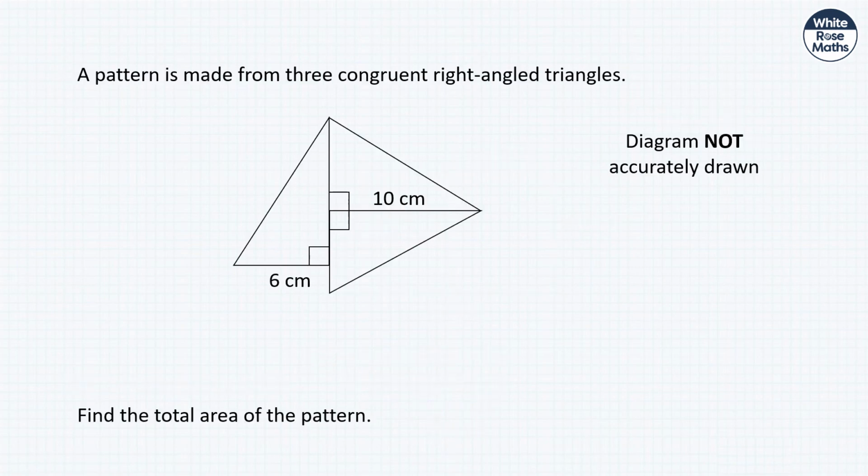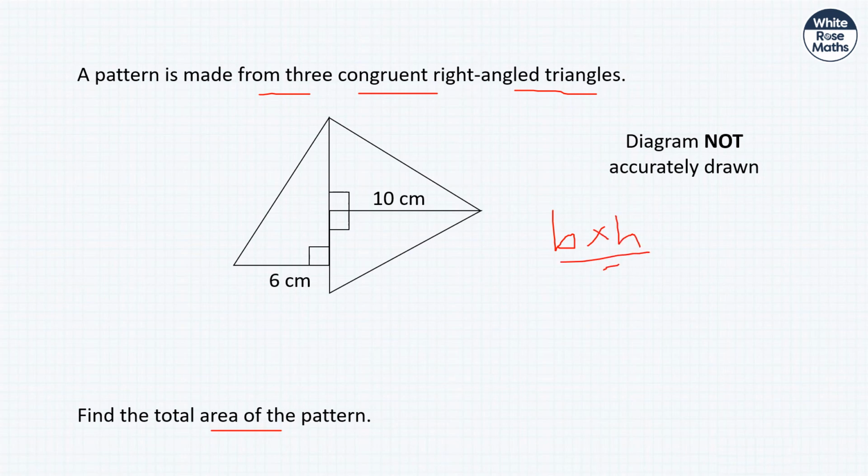Okay, a pattern is made from 3 congruent right-angled triangles. Yeah, so that is just quite important here. So find the total area of the pattern. Okay, so the area of one triangle will be base times height divided by 2.